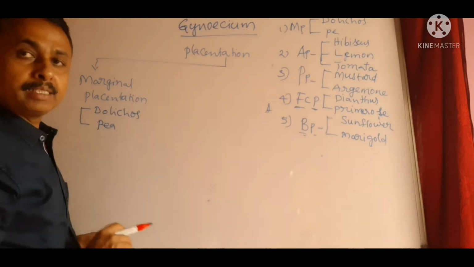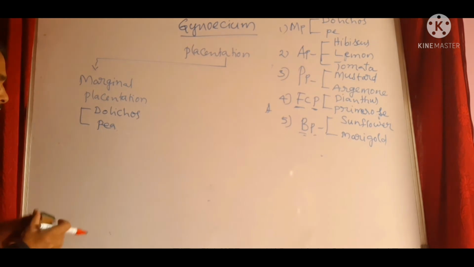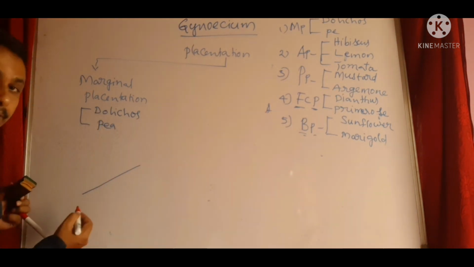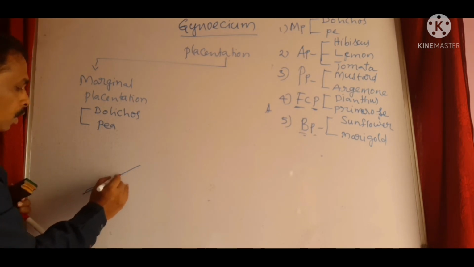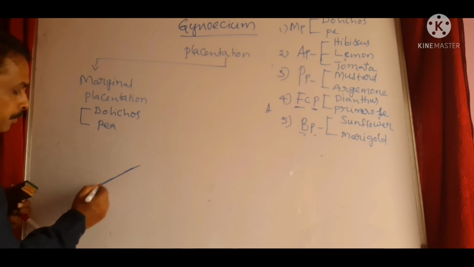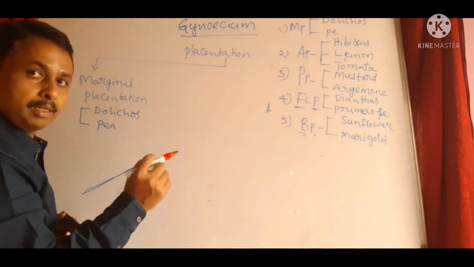In this marginal placentation, the placenta in the ovary will be formed as a ridge along the ventral side. It will be like a suture. Suture means a stitching-like structure.